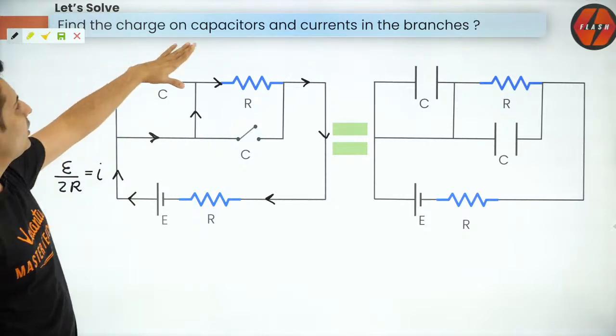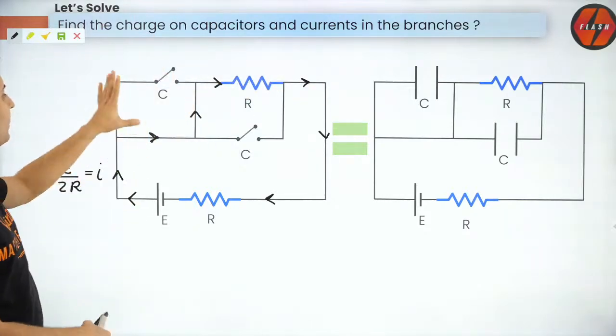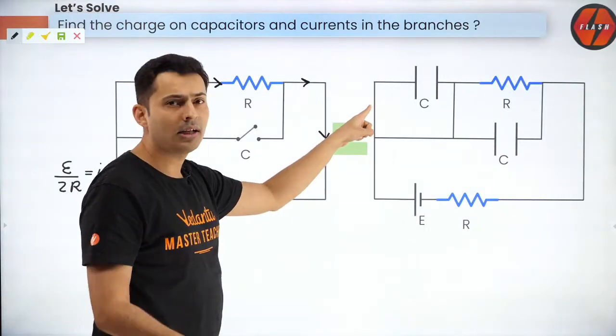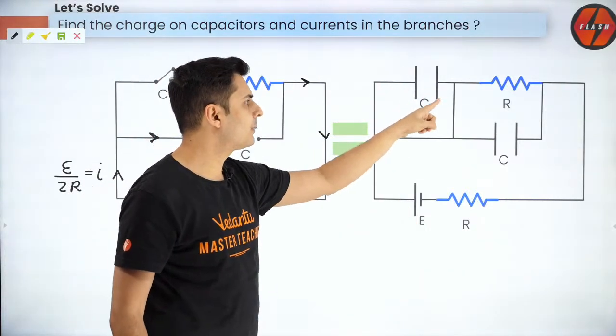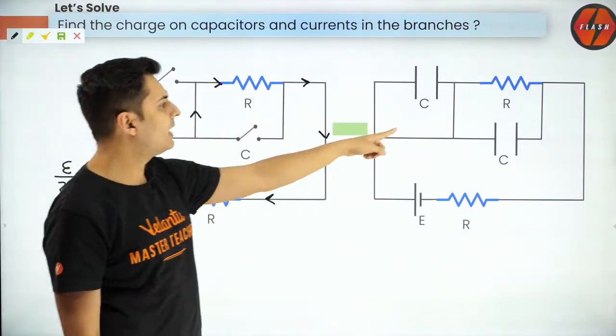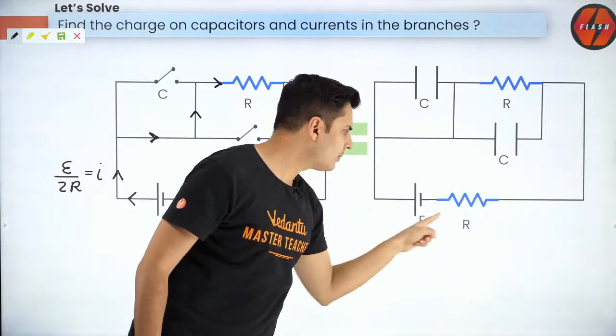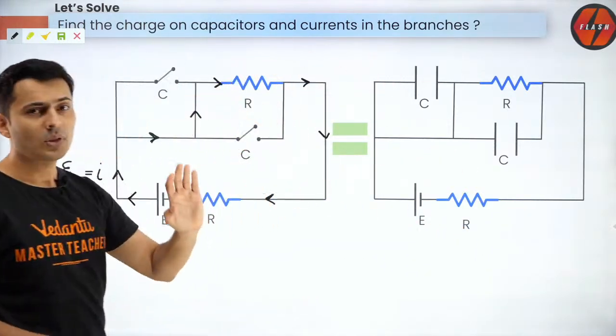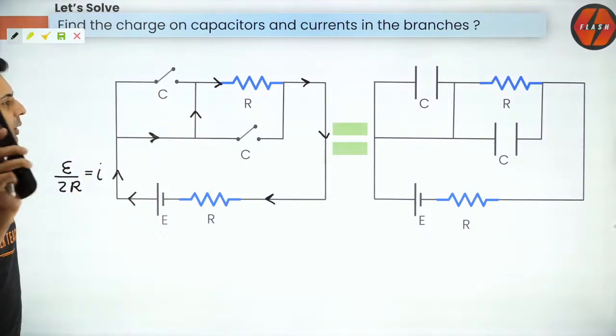Now we have found out the current in the branches. Every branch, you tell me a branch, I know the current. If you ask me what is the current here, I'll be like 0. Why? Capacitor. Current here, same current, E by 2R. So E by 2R here, E by 2R here, E by 2R here. Everywhere E by 2R current is flowing or no current is flowing. So we came to know everything about the current.